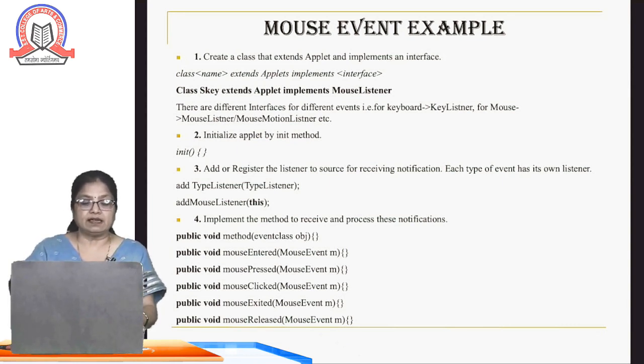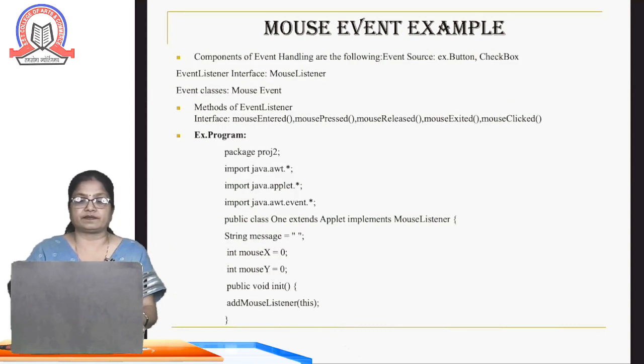You can see there are 5 methods: mouseEntered, mousePressed, mouseClicked, mouseExited and mouseReleased. The components of event handling are the following: event source is button, checkbox; action listener interface, the mouse listener; and the event class is mouse event.